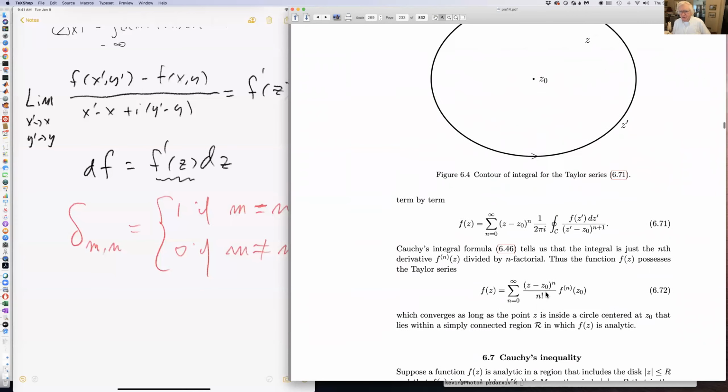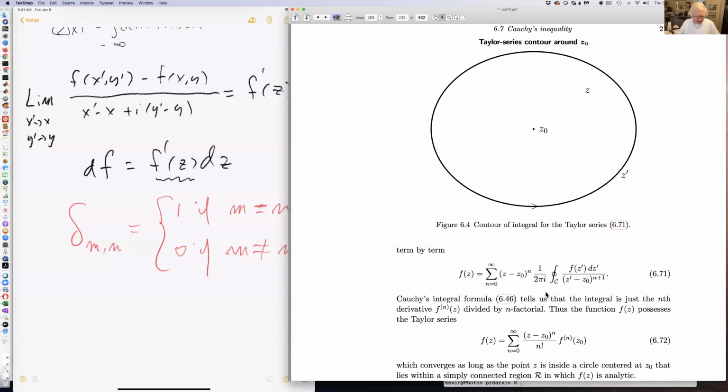So this tells you that these analytic functions are really marvelous. If you have a function that's analytic in a certain region, and you have a circle of radius r that's entirely within a region of analyticity, then we can do a power series, and it converges.